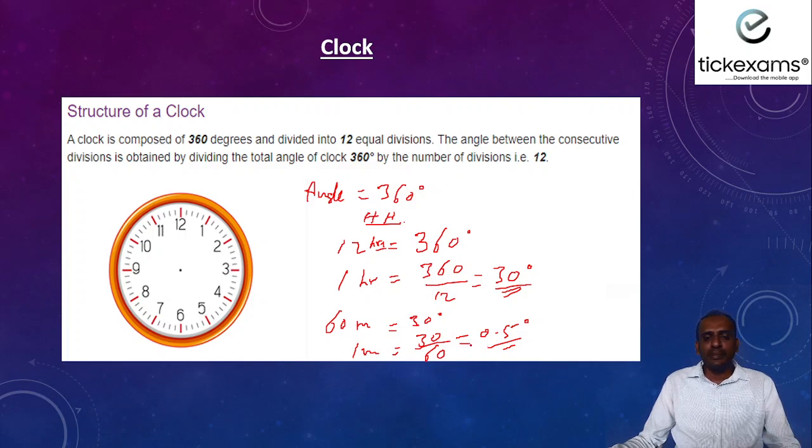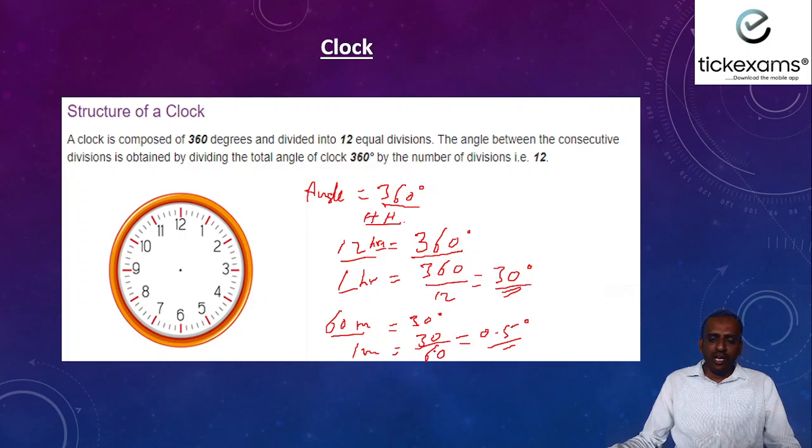So let me just repeat the basics. The hour hand, when it rotates the complete clock, covers 12 hours. Since it is a circular shape, the complete angle is 360 degrees. It covers 360 degrees in 12 hours. In 1 hour, it covers 360 by 12, that is 30 degrees. We know 1 hour is nothing but 60 minutes.